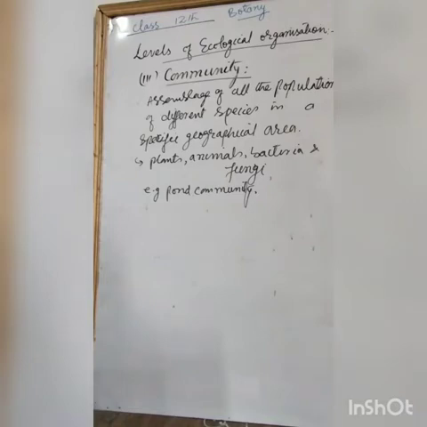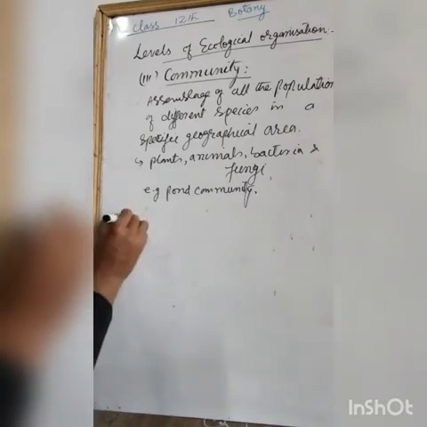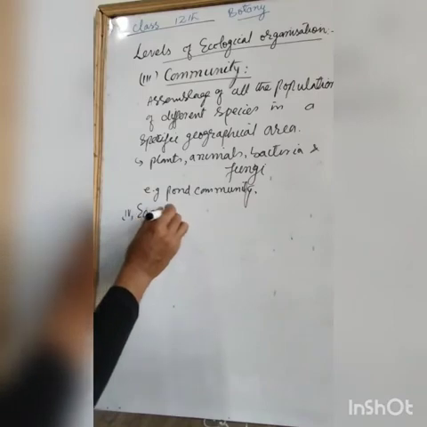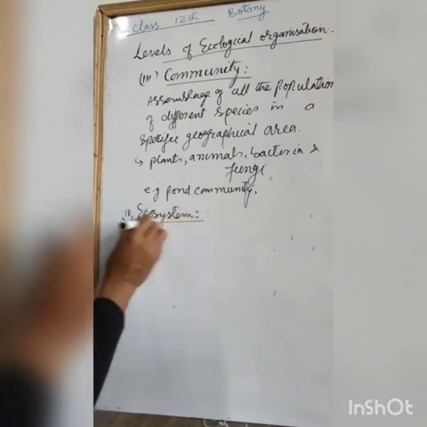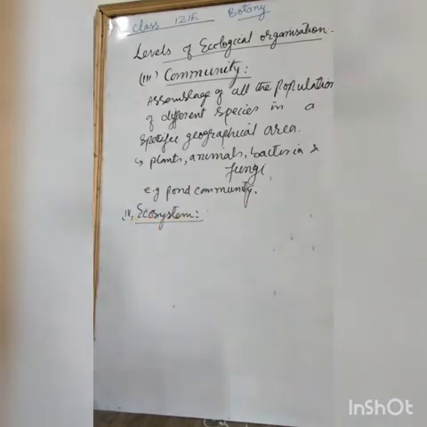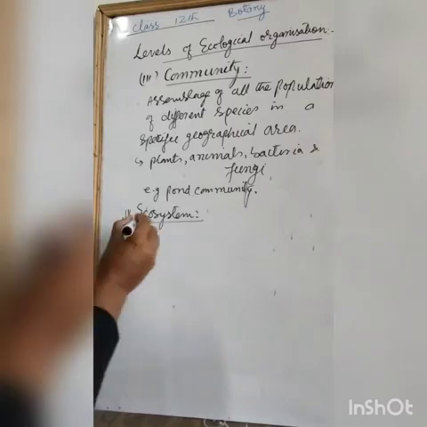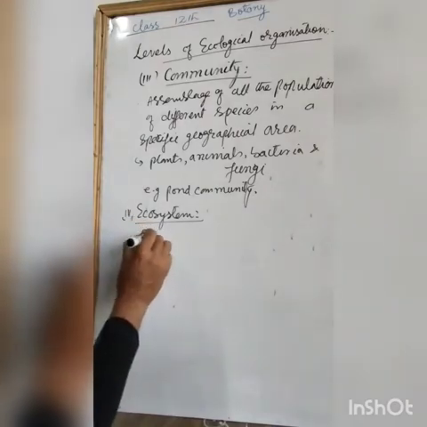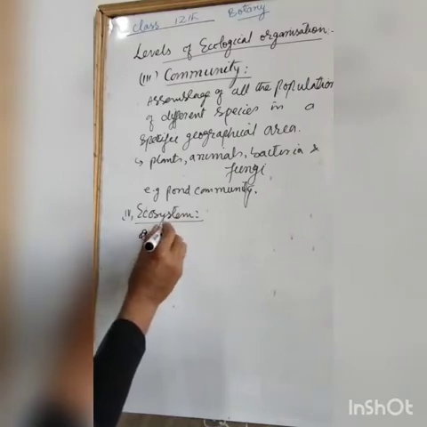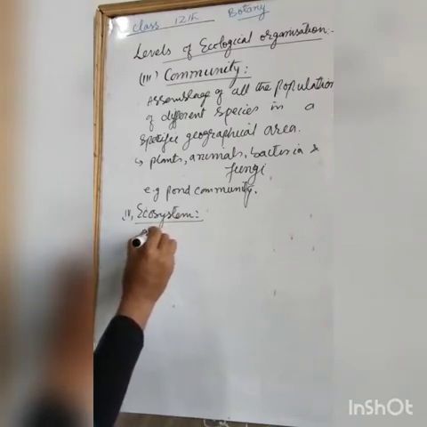and there is another, that is ecosystem. Ecosystem is also our topic. In coming days, we will discuss that also. It is an area consisting of biological communities and its physical environment.